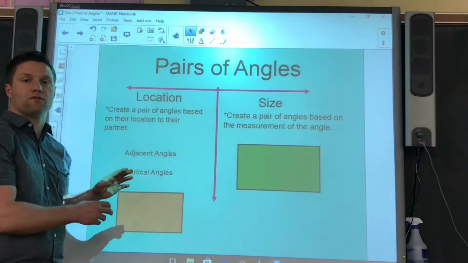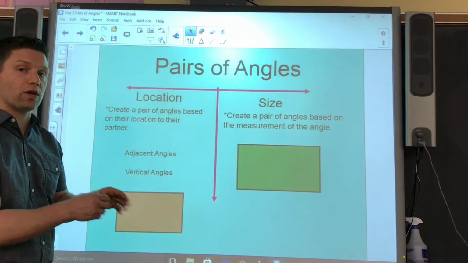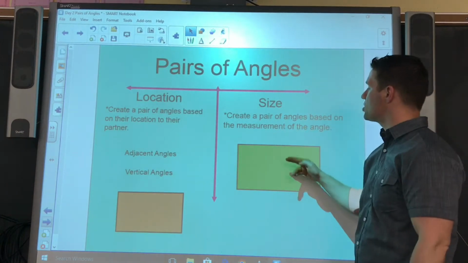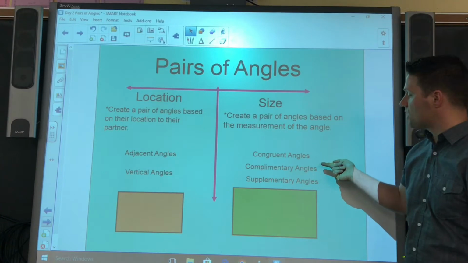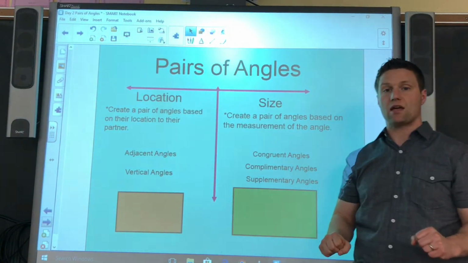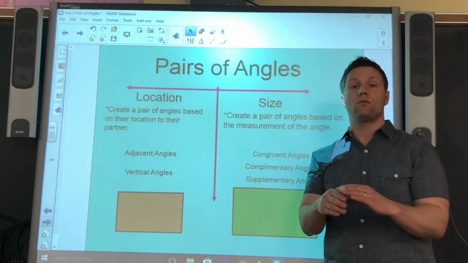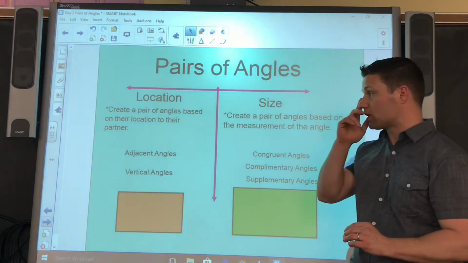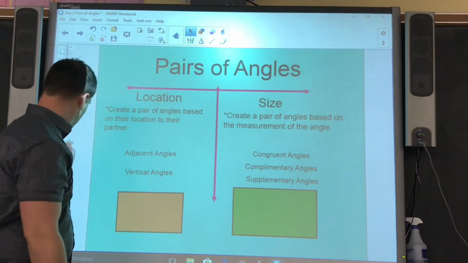You make pairs according to their location. Or you can create a pair based on the measurement of the angles, like congruent angles, complementary angles, and supplementary angles. What you're going to learn today is these 5 different types. Remember, they're angle pairs, so they always got to be matched up with someone else according to their location or according to their size.